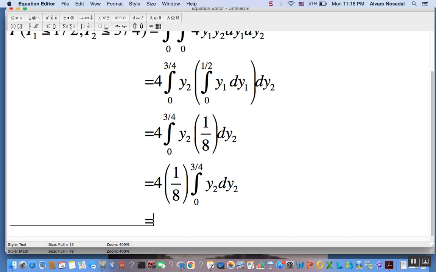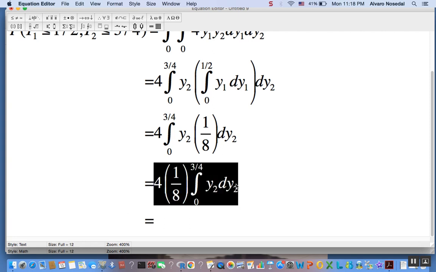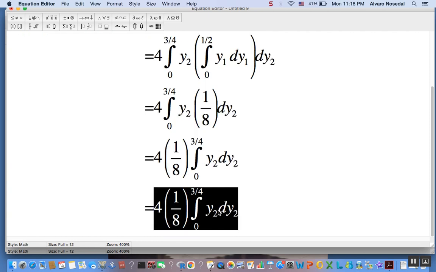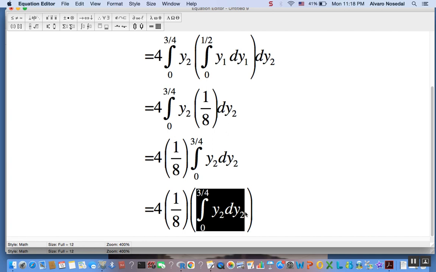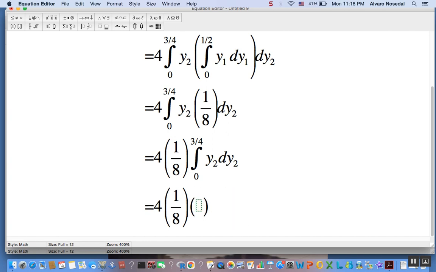It's going to be y2 squared divided by 2.